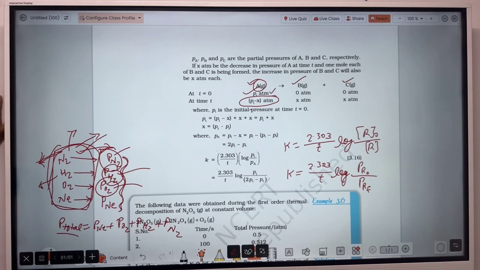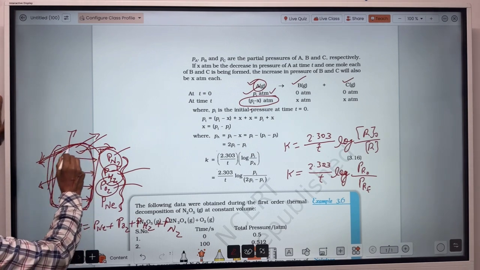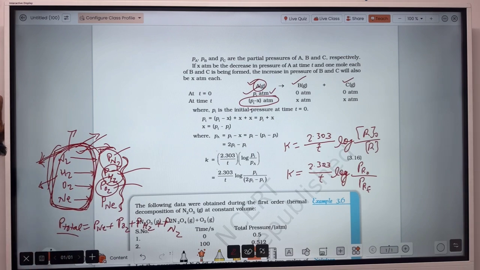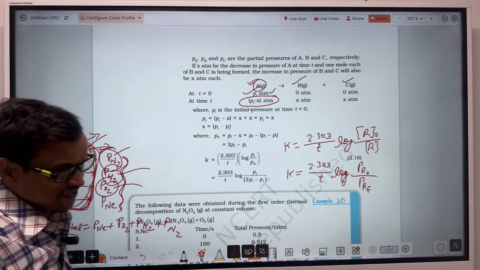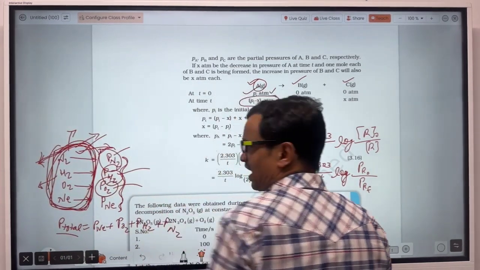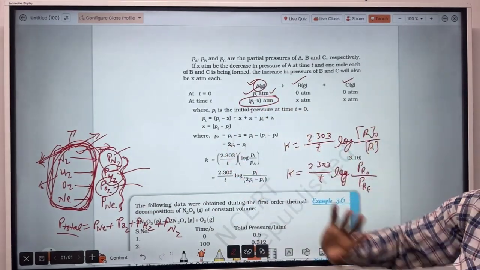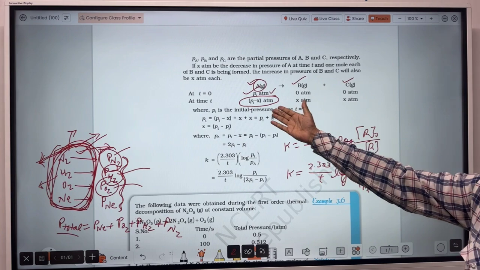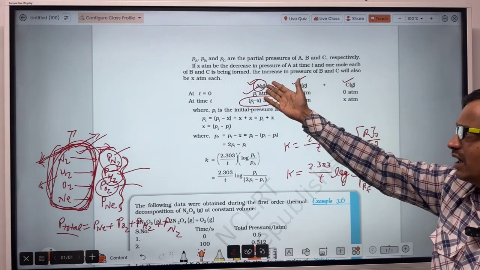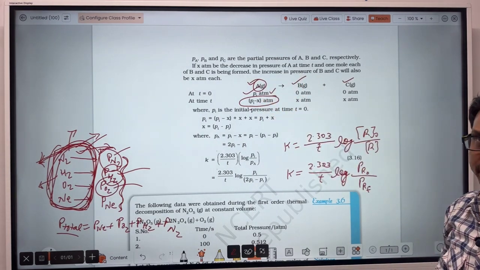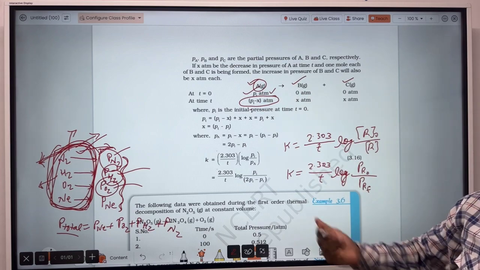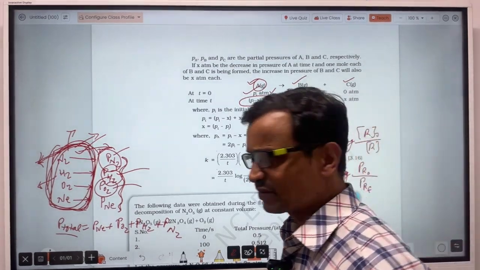In this container we can measure the initial pressure and the final pressure. The initial pressure was the partial pressure of A, and the final pressure is what we can measure. So we have to find out the final partial pressure of A. What is X? That we will have to calculate.